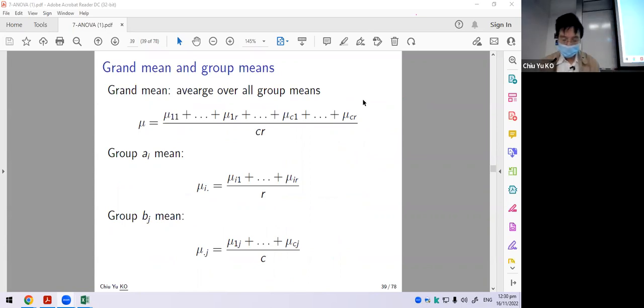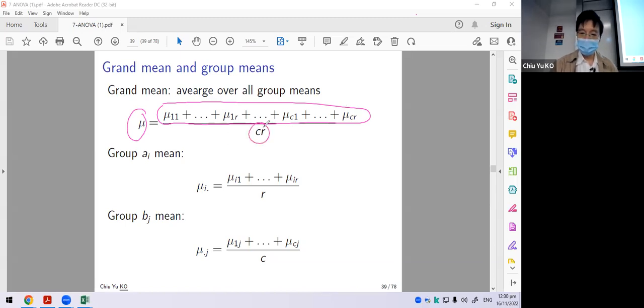So what is the overall mean? It simply means all possible group means added together over how many total of them. So basically it's just the mean of all group means, and this is mu.